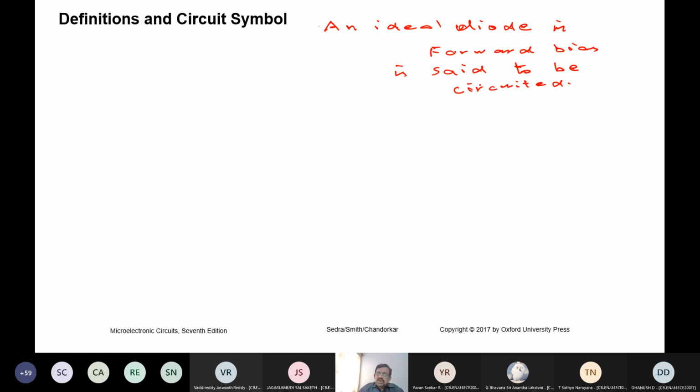It allows current to pass through without any voltage drop across it, across the diode.